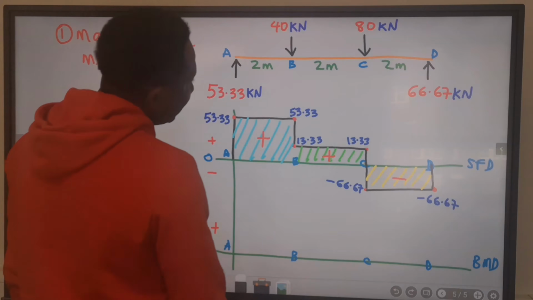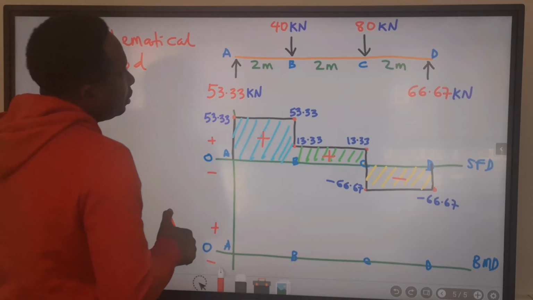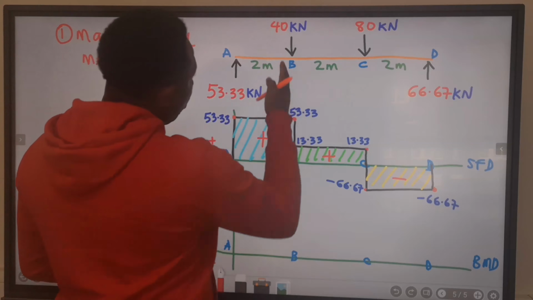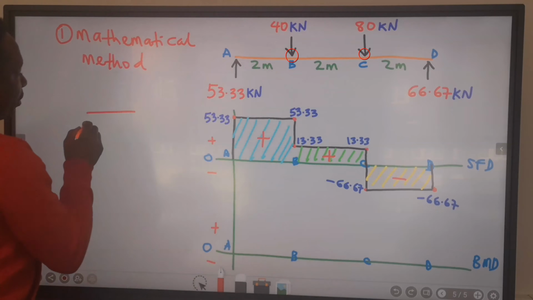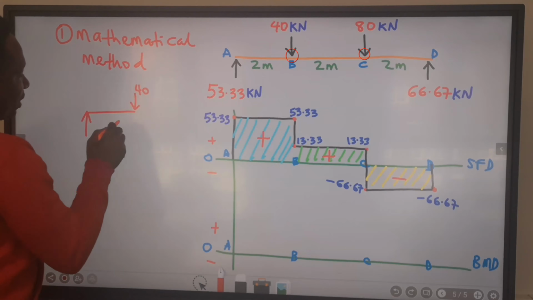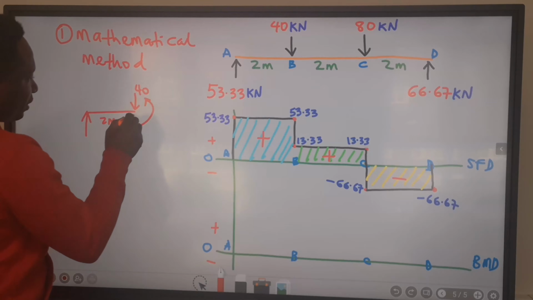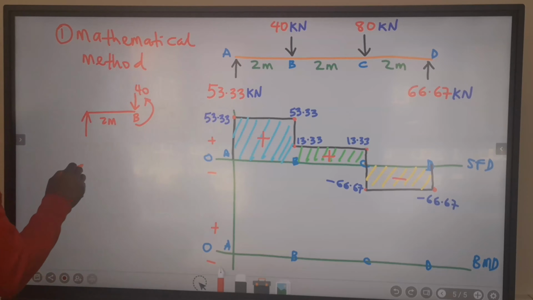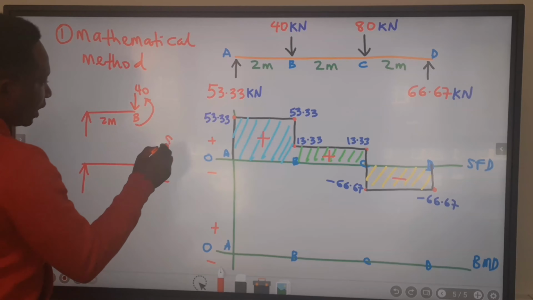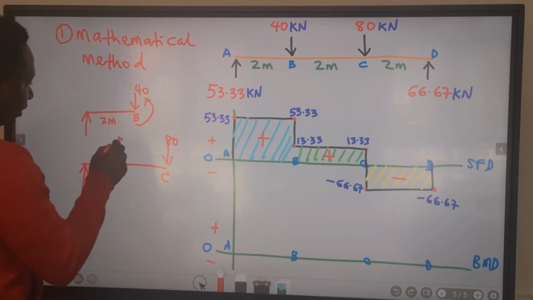In the mathematical method, I will cut this beam here at 40 to know the bending moment value at point B. I will cut it and I will represent this value like this, 40 here. This is 2 meters. I want to know the value of the bending moment at this point B. I will also do the same for point C. I want to know what happens when 80 kilonewton comes down here. This point is 40.